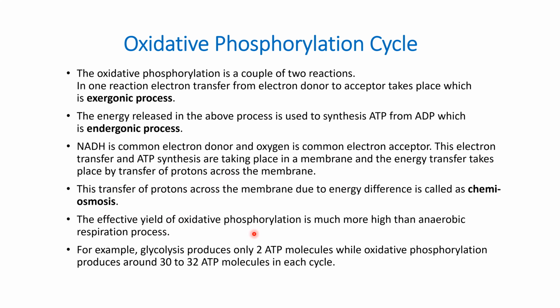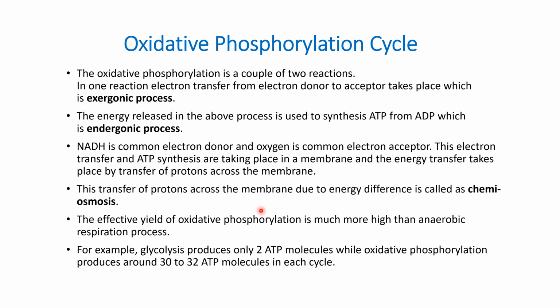The effective yield of oxidative phosphorylation is much higher than in an anaerobic process, right? Because as we know, this is oxidative phosphorylation, and oxygen is the common electron acceptor. So when we have a surplus supply of oxygen, this chain continues, right?